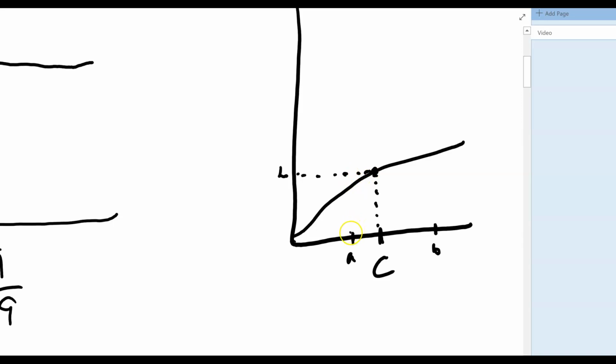So suppose that as we approach A, the limit is relatively close to L, and as we approach B, the limit could also be relatively close to L.